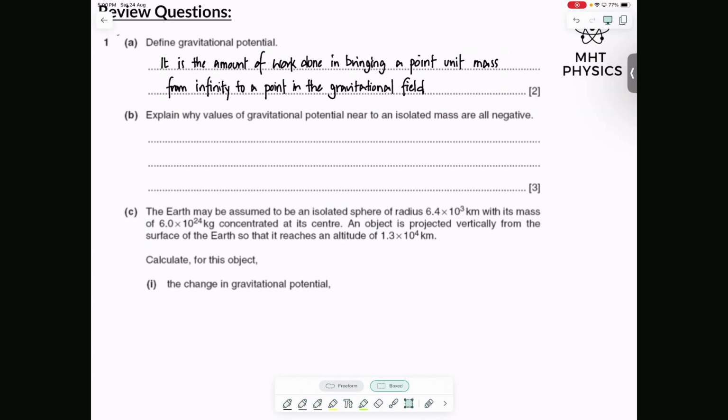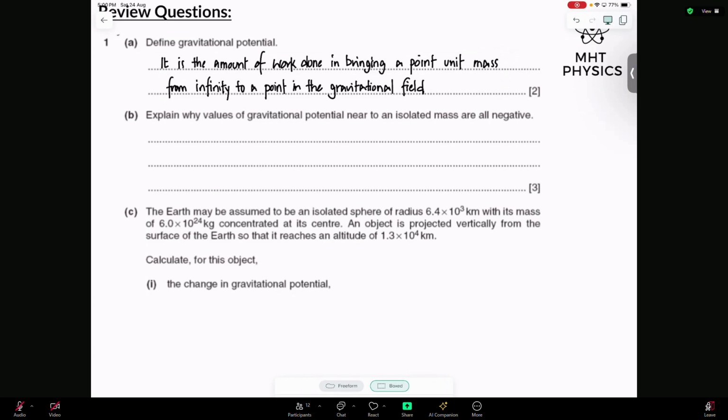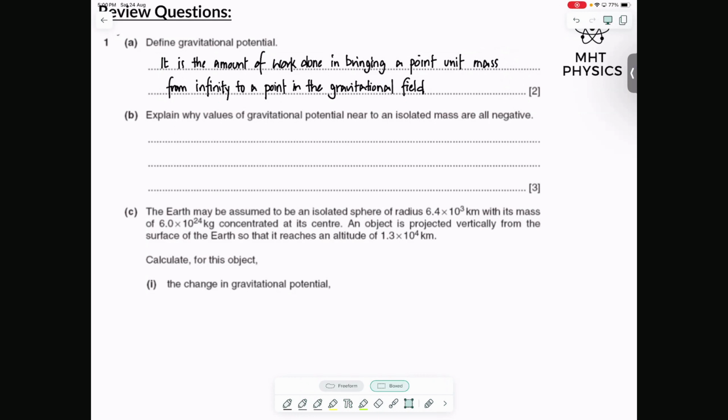Depends on what B you have. 70. So that's 86%. A2, no, A2 to 86. So that is to convert grade paper A. 70 plus.